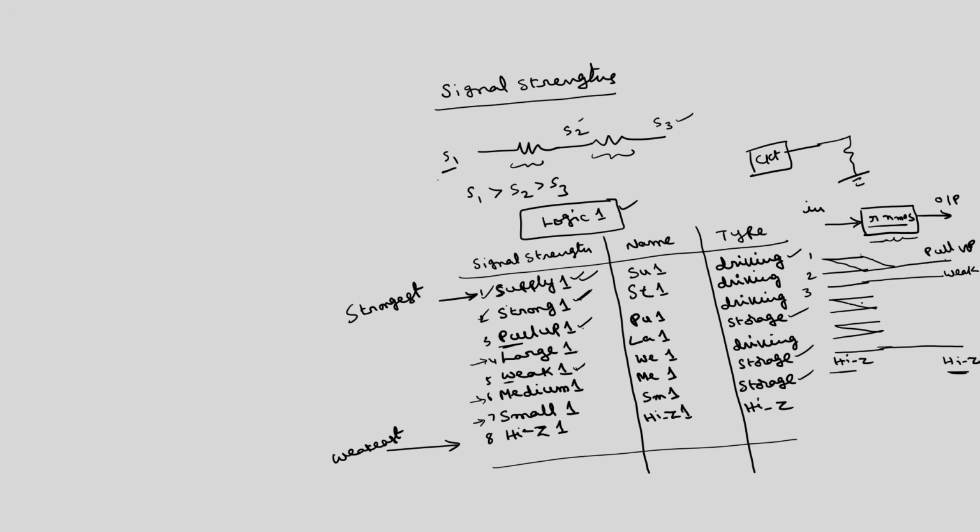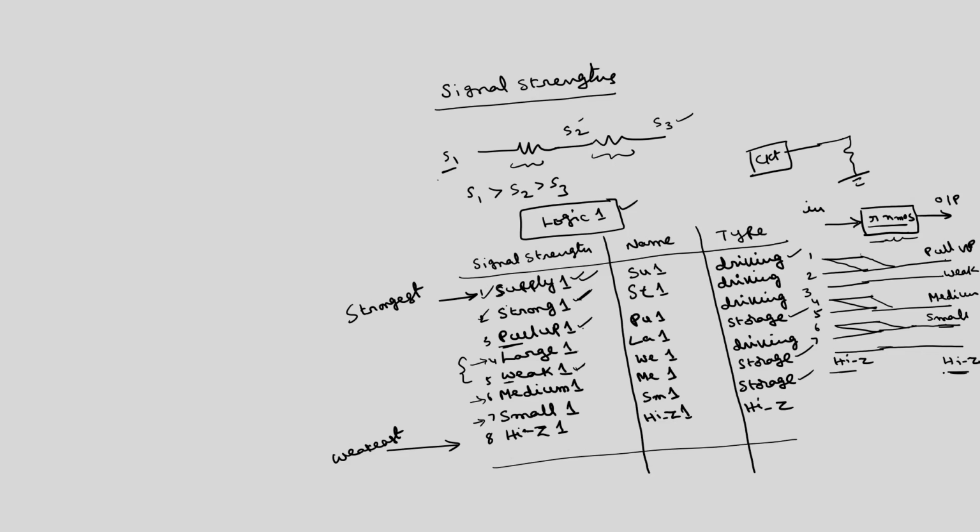If I give the input as the fourth and fifth levels, that is, large and weak, then you will get the output as medium. And if I give medium and small, the sixth and seventh levels, you will get the output as small.